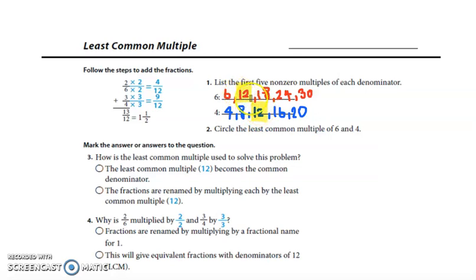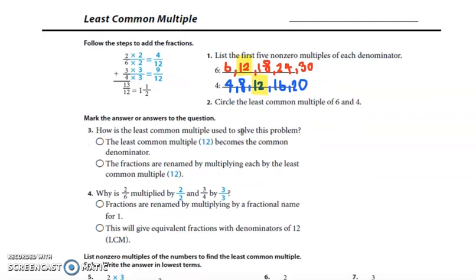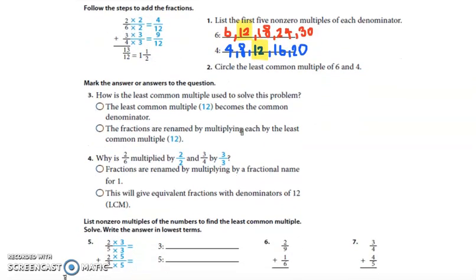So I'm going to highlight these. Then number 3, how is the least common multiple, which is 12, used to solve this problem? The number 12 becomes the common denominator. So we use it as a denominator.